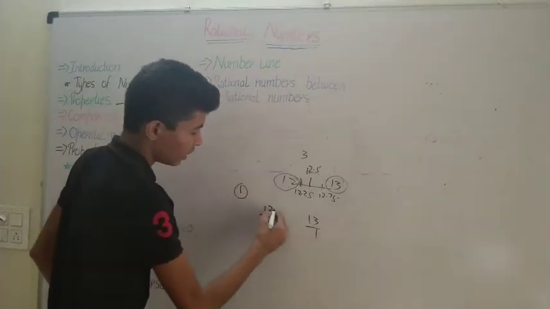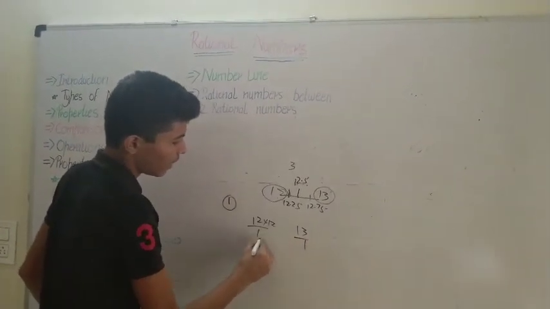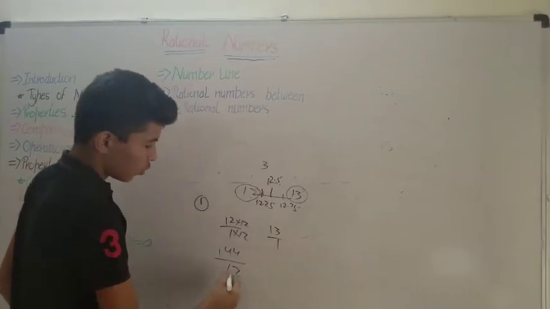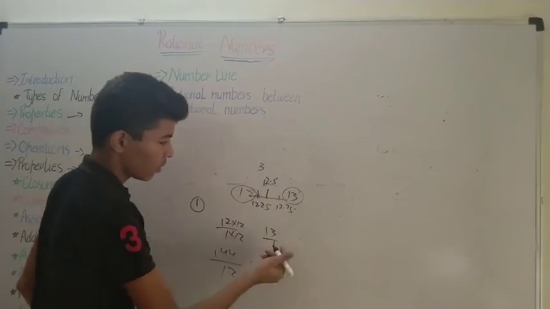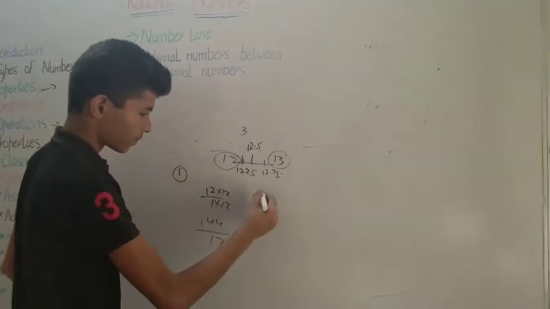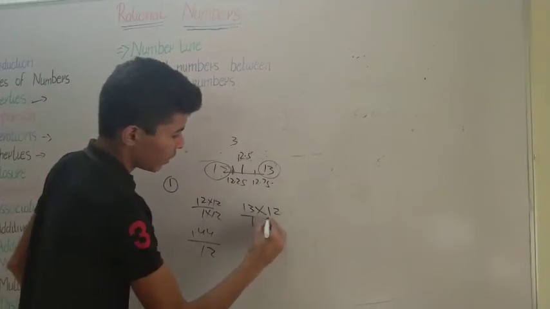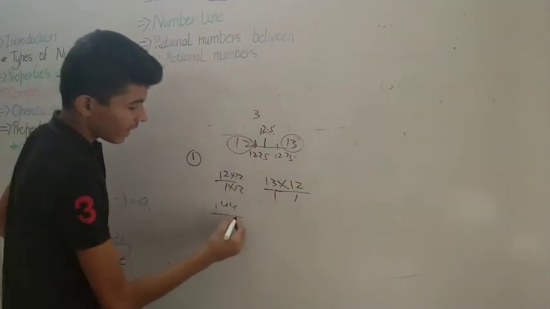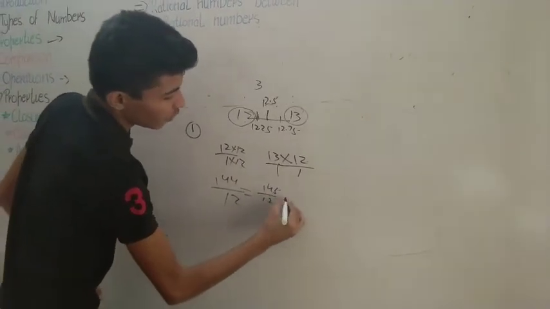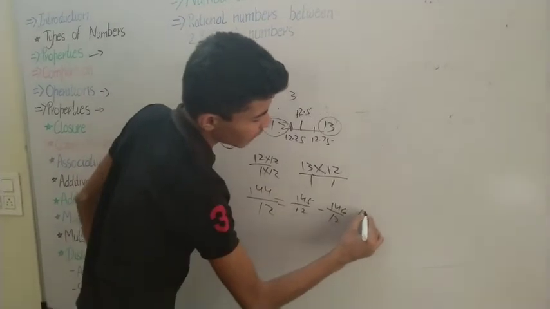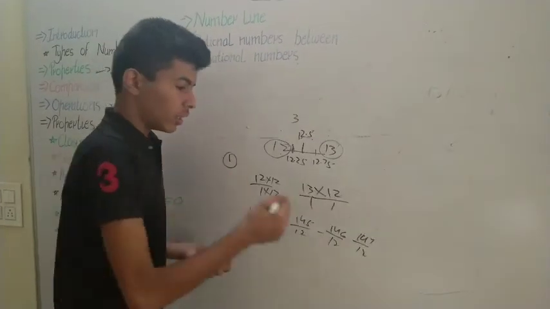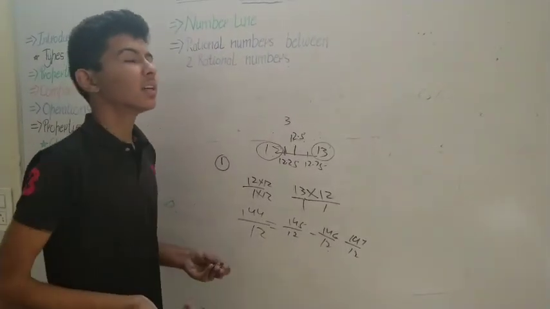Then we multiply by 12 in each, so we get 144 divided by 12 and 156 divided by 12. We take equivalent fractions, multiplying by 12 in the numerator and denominator. Now the numbers between them would be 145 divided by 12, then you can take 146 divided by 12 and 147 divided by 12. And if the number is divisible by the denominator, you can simply divide it to get the required answer.